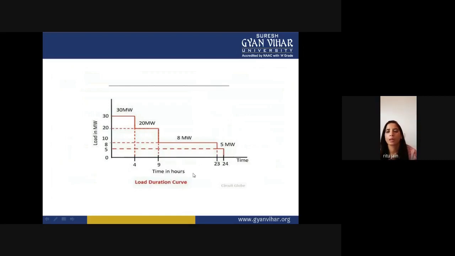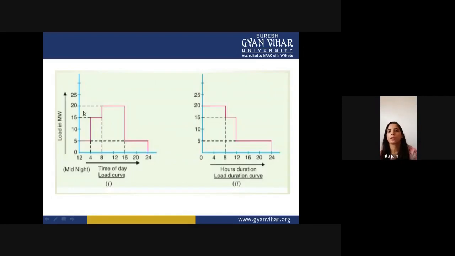And this is time in hours. So this is the basic difference between the daily load curve and the load duration curve. The daily load curve is drawn according to time of the day, but this is hours duration.